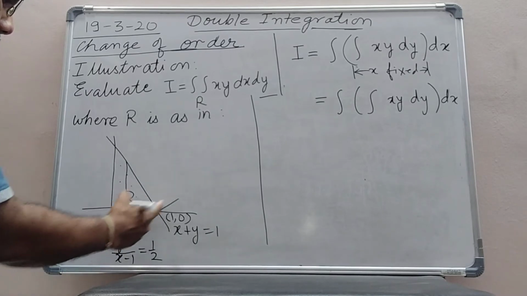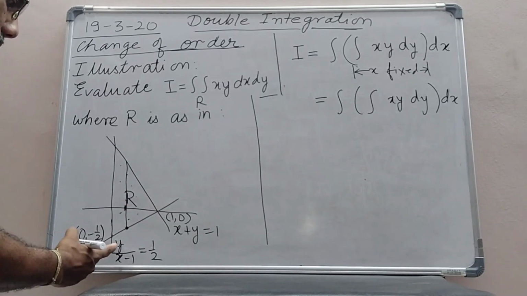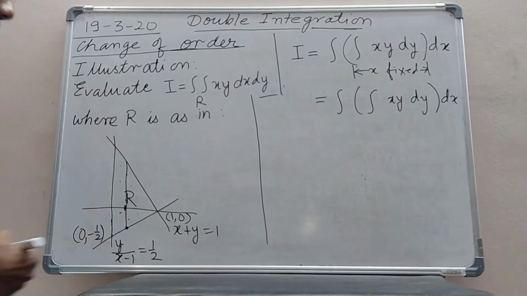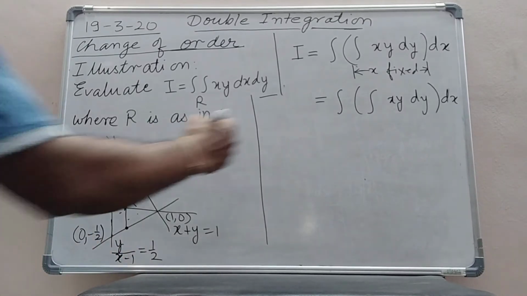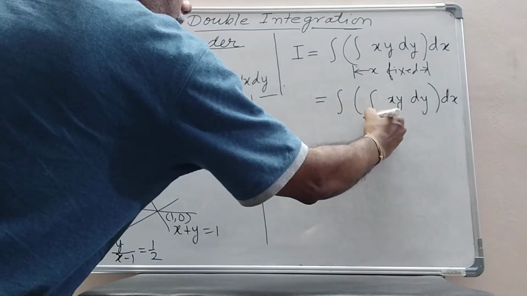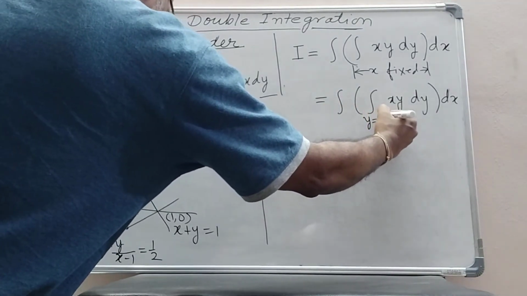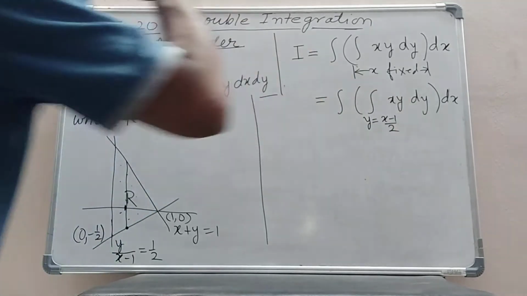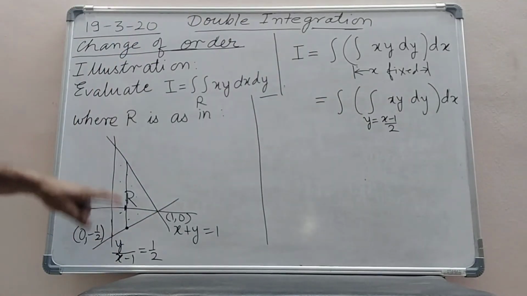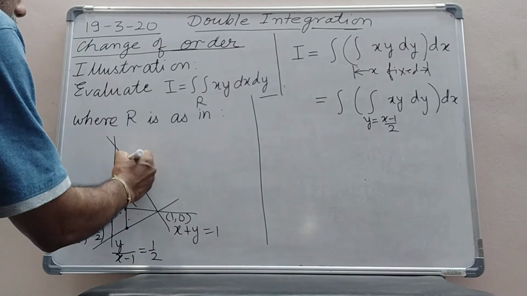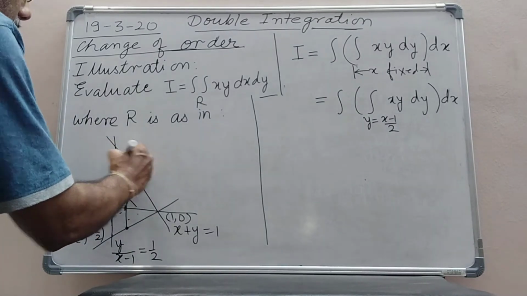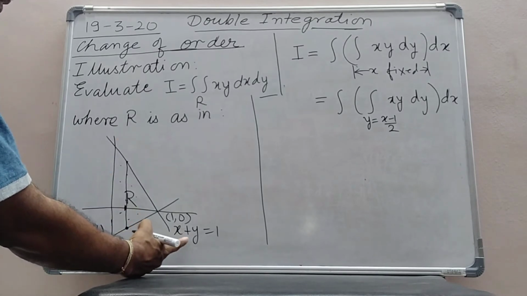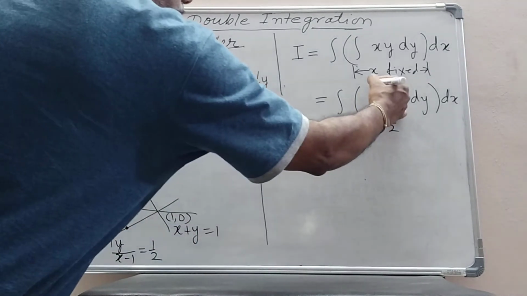This particular point is on this line, and therefore you can get the value of y from this equation. y is equal to half of (x minus 1). Up to, what is the value of y at this particular point? That you can get from this equation. y is 1 minus x.